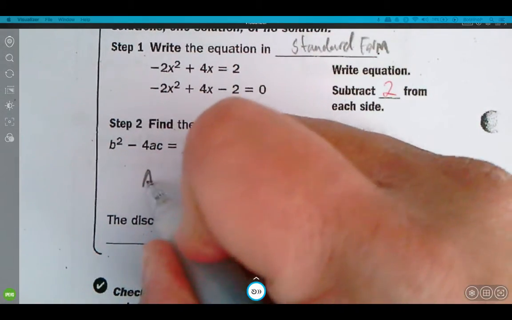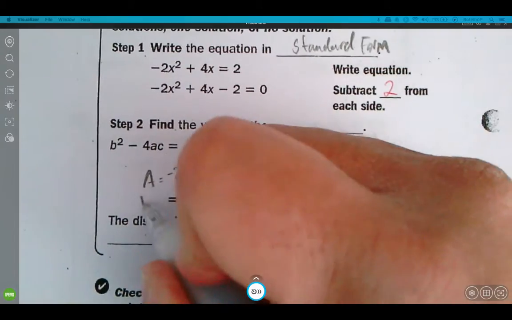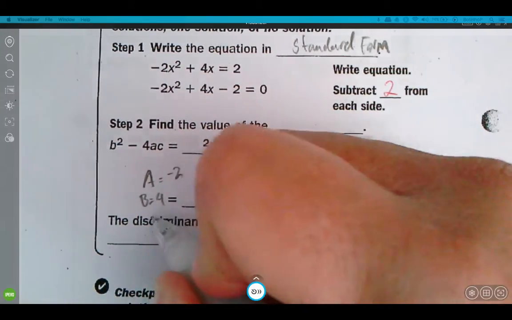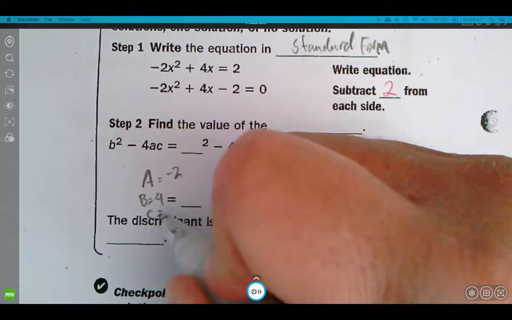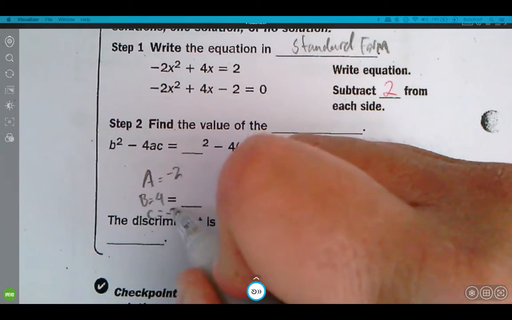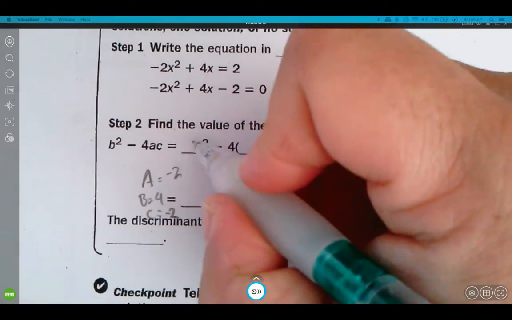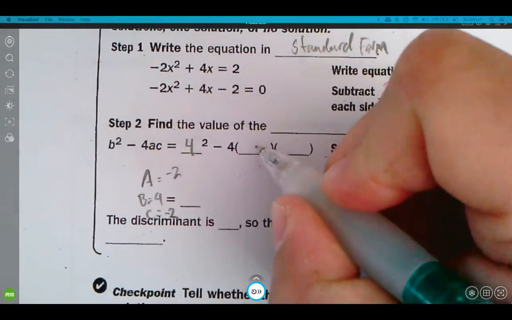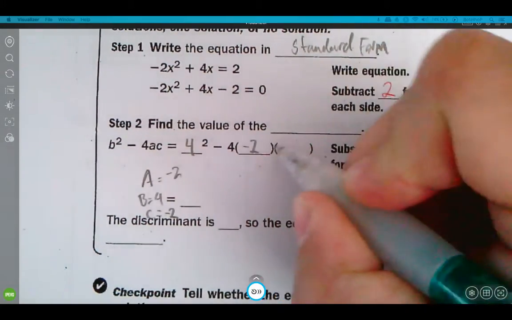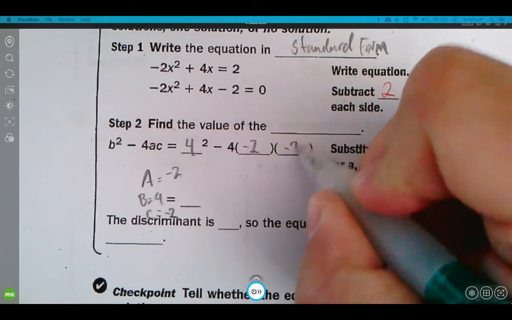Okay, cool. So now to find the value of the discriminant, I'll even write the A, B, C again. A is -2, B is 4, C is -2. Now I put that into my discriminant. So 4 squared minus 4 times -2 times -2.